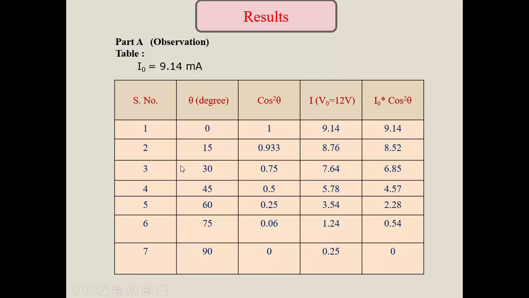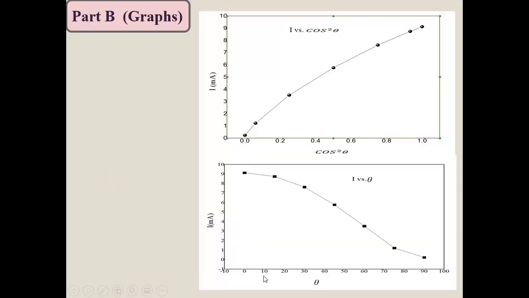Then suppose I change this angle from 15 degrees to 30 degrees, it reduces further to 7.64. And similarly, the moment I make it 90 degrees, my intensity becomes very, very small, close to 0.